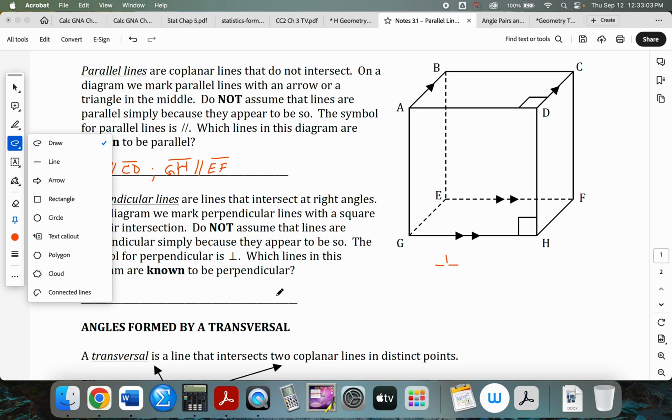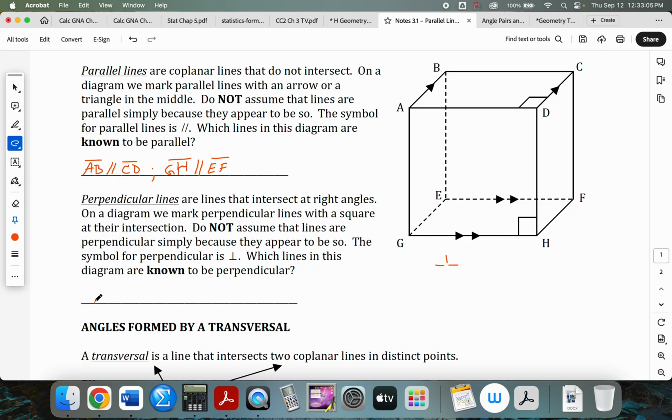So, which lines are known to be perpendicular? We know, for example, that segment AD is perpendicular, sorry I said parallel just a second ago, to segment CD. Where they intersect, they make a right angle. There's another pair that's given here. Which ones are perpendicular? Someone who hasn't volunteered. Yes, Christina.